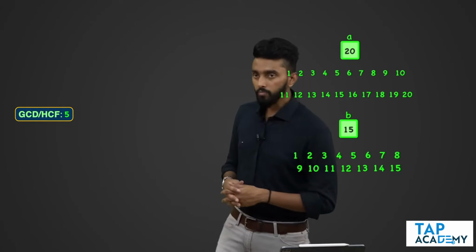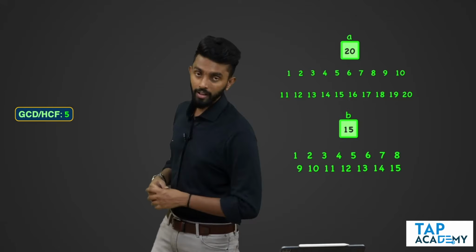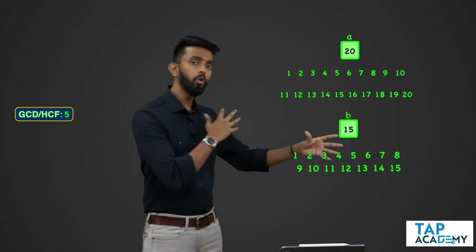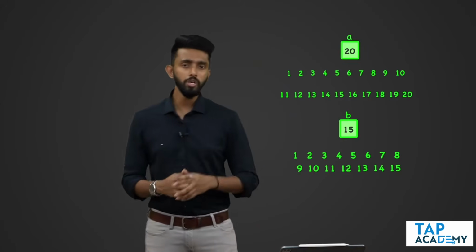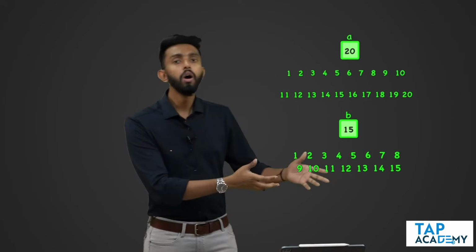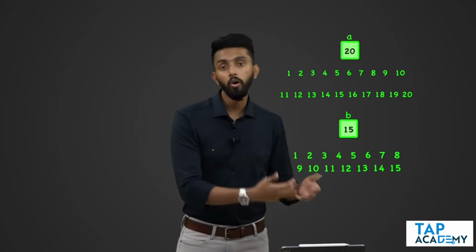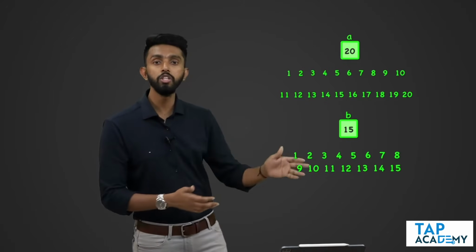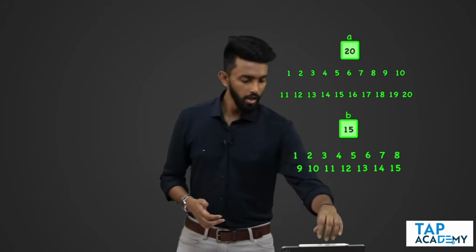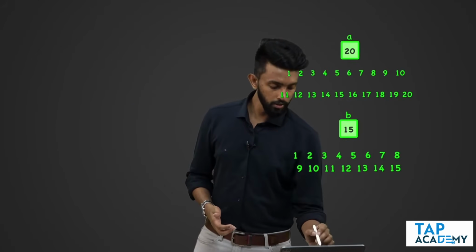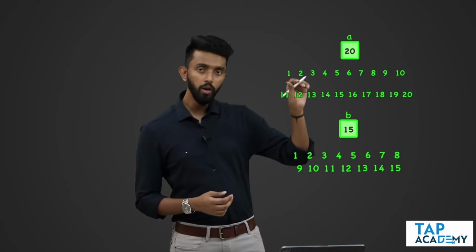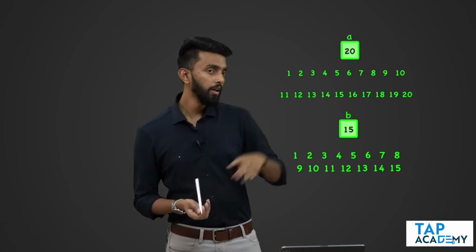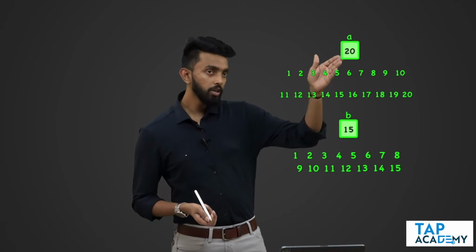Now, what I want you to understand next is very simple. How are we going to use this concept, and how are we going to write an algorithm to find the GCD of two numbers? It's very easy. Look at this, guys. A is 20, B is 15. Tell me which is the larger number? 20.